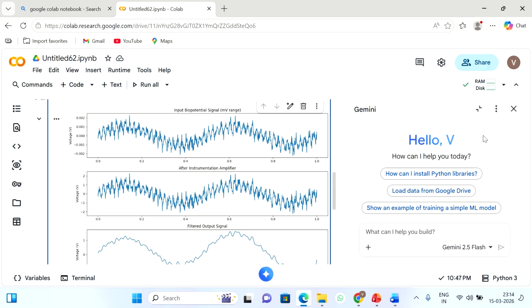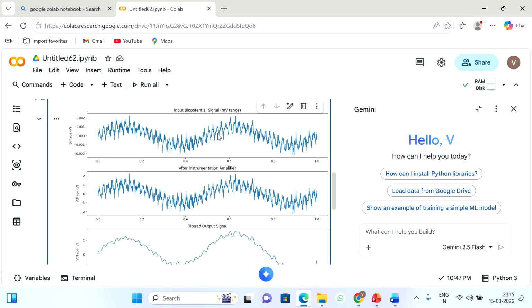Then amplified_signal becomes a boosted signal. Then filtered_signal is the clean output signal.